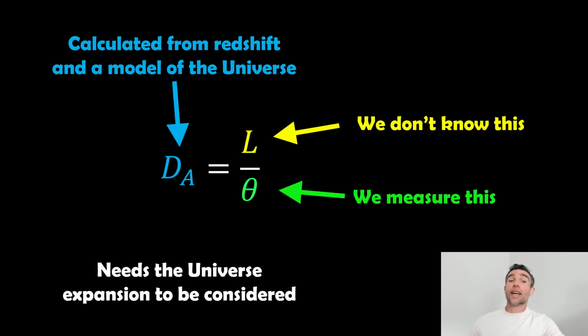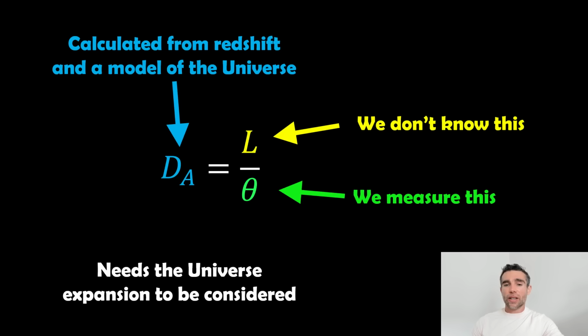The wavelength of light gets stretched, it gets redder. So a higher redshift means it's further away. We also need to take into consideration the model of our universe, which has a lot of parameters in there. If we take all that into consideration, we can typically get this angular diameter distance.